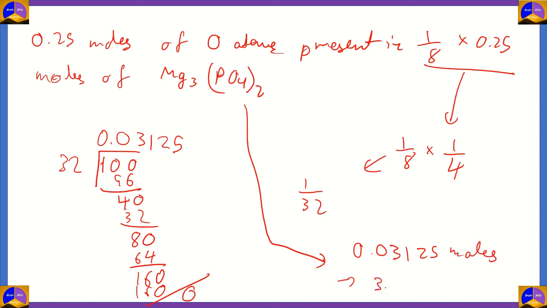This quantity can be written as 3.125 into 10 raised to minus 2 moles.